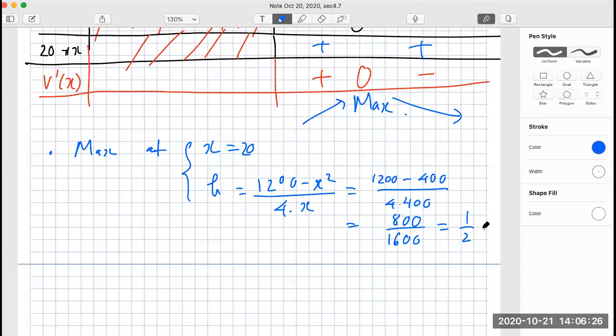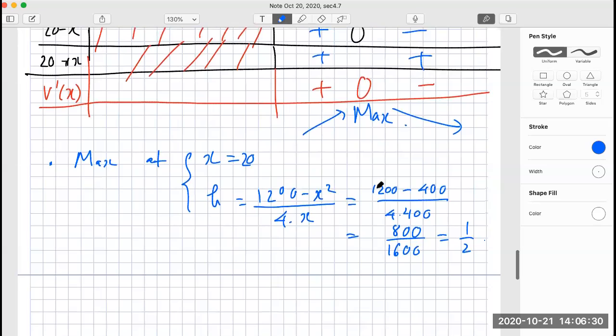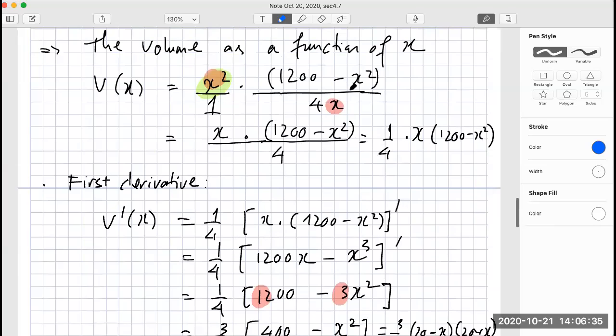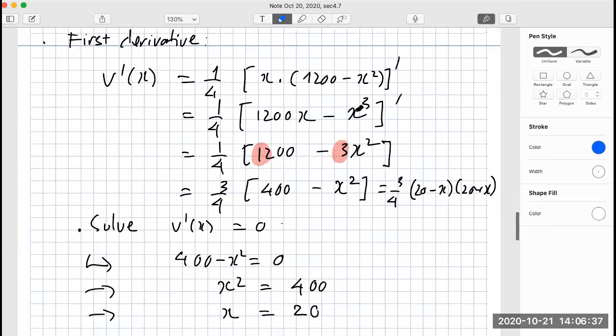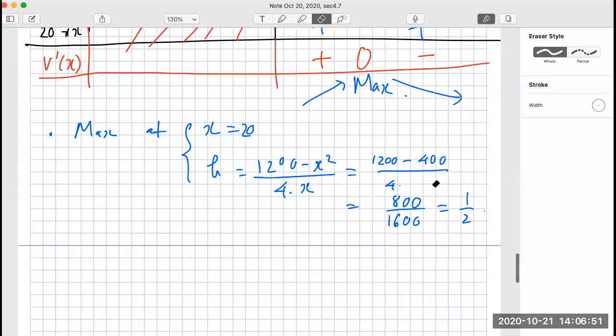Is it right? Let me double check it. 20 squared is 400, right? So makes sense. Oh, yeah, the mistake. It is 20.